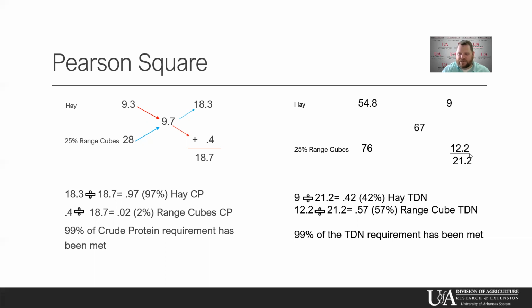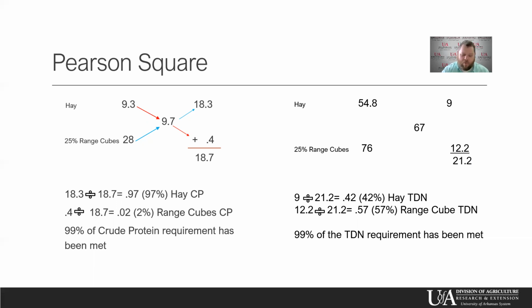We add 9 plus 12.2 to get 21.2. We divide what we have by the total, and that gives us 52% hay and 57% range cubes to meet our TDN. So you can see that there's a little bit of difference there.